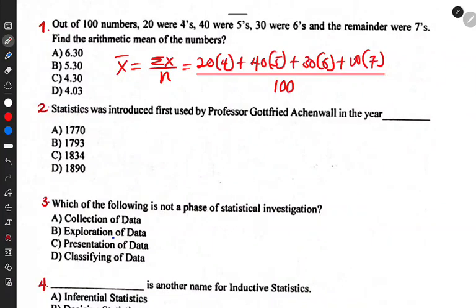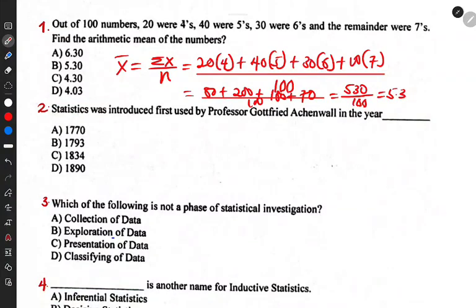So what do you get in summary? Here we are going to get 80 plus 200 plus 180, plus 70, all divided by 100. So we're going to have 530 divided by 100, and you're supposed to get 5.3.